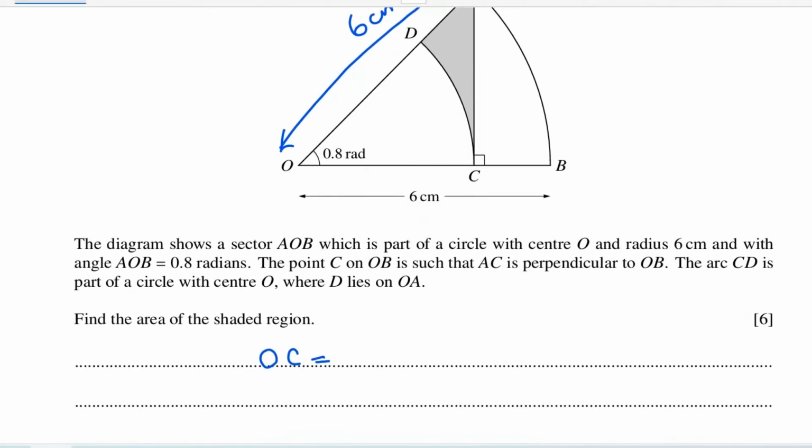So we need to find the adjacent, and we know the hypotenuse as well as the angle, and this is a right angle triangle. So OC is equal to 6 cos 0.8, which is equal to 4.18.